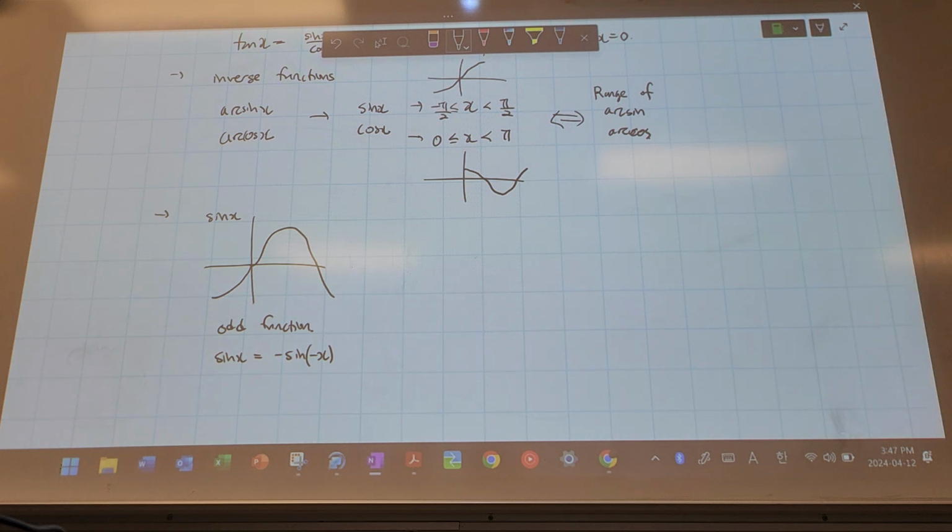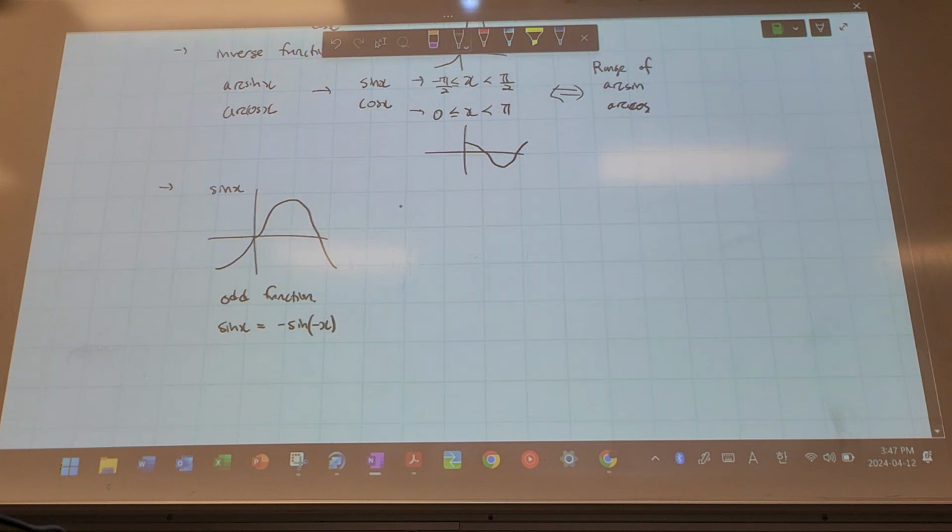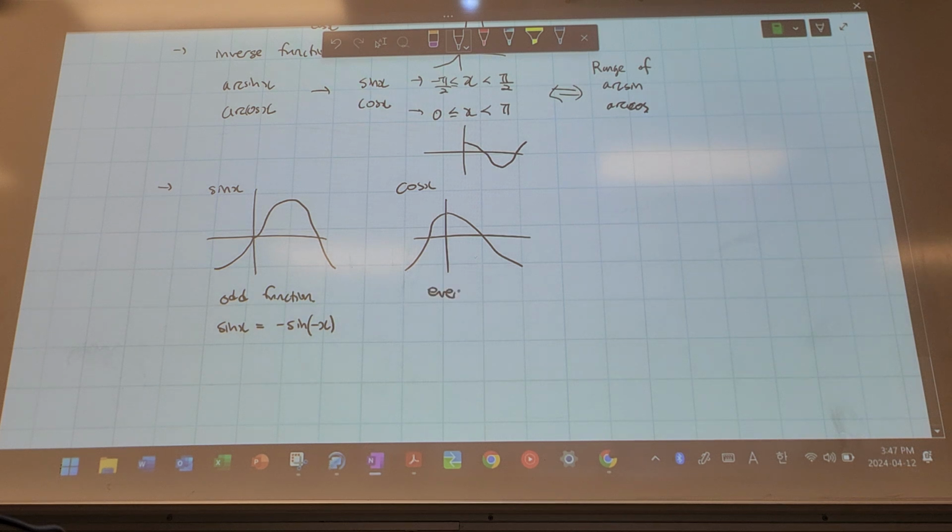If you reflect it vertically and horizontally, we come back to the same function. Whereas the cosine of x, which has a shape of going upwards like this, is an example of an even function, because we know that cosine of x is equal to cosine of negative x.